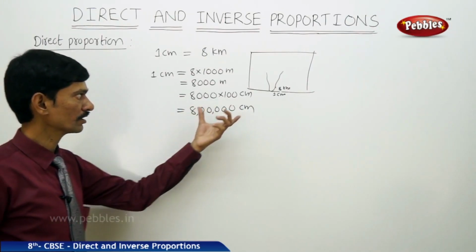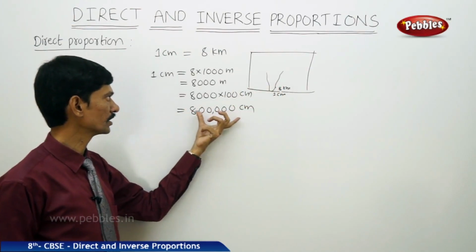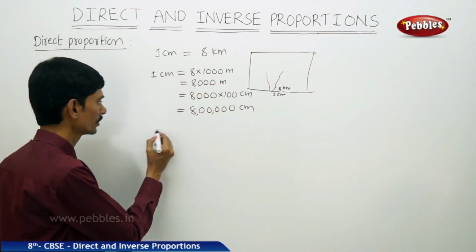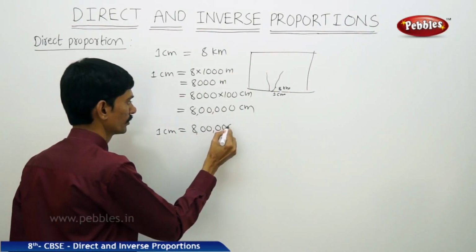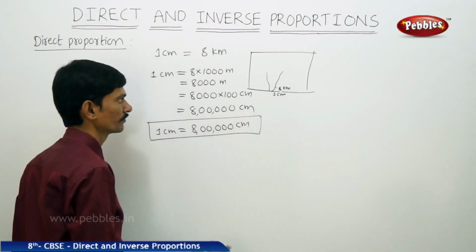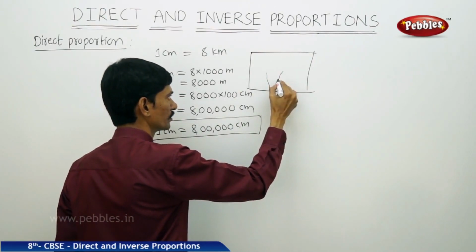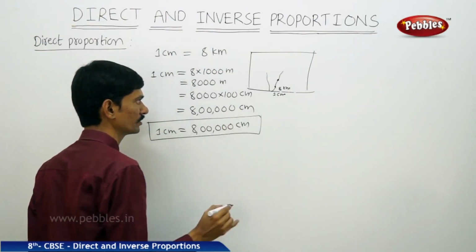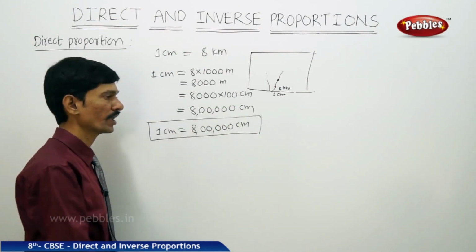Here if the actual length of any region is 8 lakh centimeters, then we are taking it as 1 centimeter on the map. So this scale represents that 1 centimeter equals 8 lakh centimeters. This scale represents that if the distance between any 2 points in the actual region is 8 lakh centimeters, then we are taking 1 centimeter on the map.